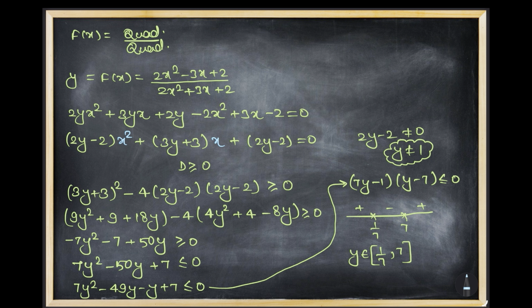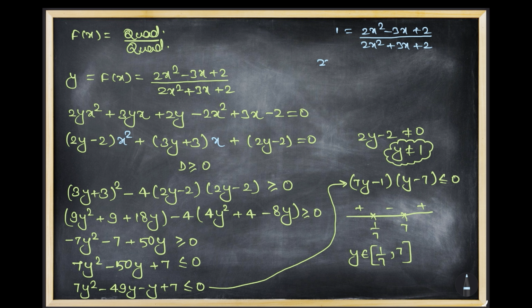If it gives you an absurd value, you have to remove it. So I will take y as 1. So 1 equals (2x square minus 3x plus 2) upon (2x square plus 3x plus 2).